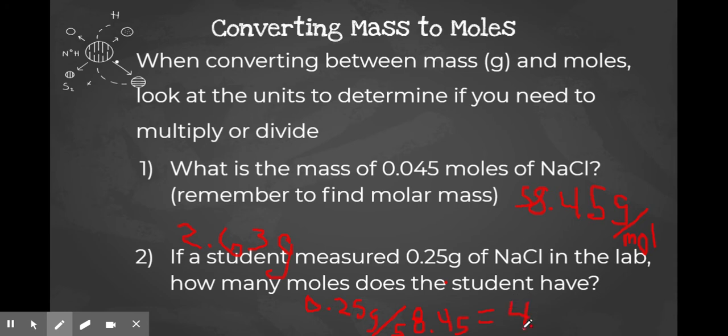So I get 4.28, now I have the correct number of places past the decimal, times 10 to the negative 3, because I moved that decimal point 3 places to the right. So 4.28 times 10 to the negative 3. When I did this one, I divided to get from grams to moles.